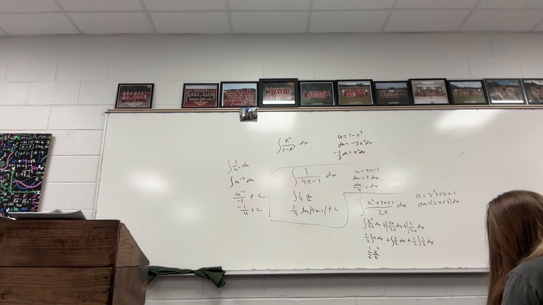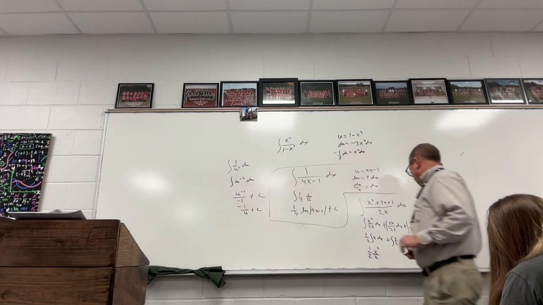All right, remember, 3/2 dx is the same thing as 3/2 times x to the 0 dx. Or think about it like this. What would have a slope of 3/2? 3/2 x, yeah. So this is going to be plus 3/2 x.